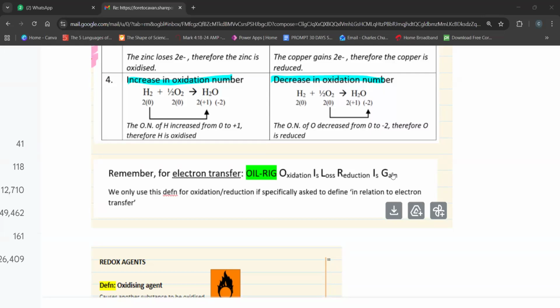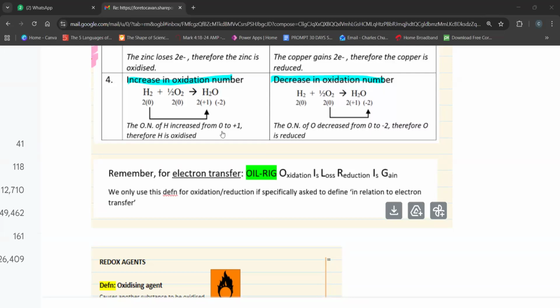I believe you would remember that what's going on there has to do with a science concept, and in this case, oxidation and reduction as it relates to electron transfer.